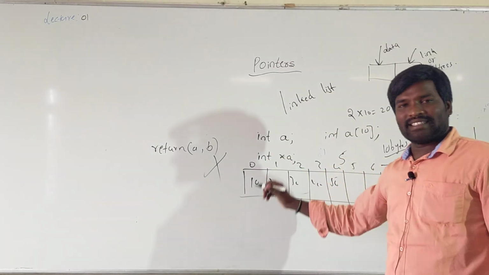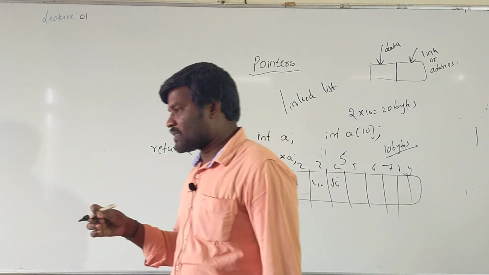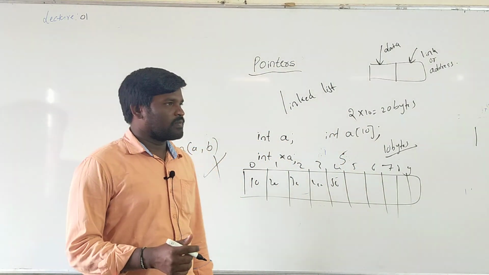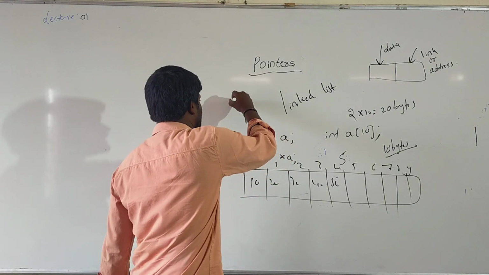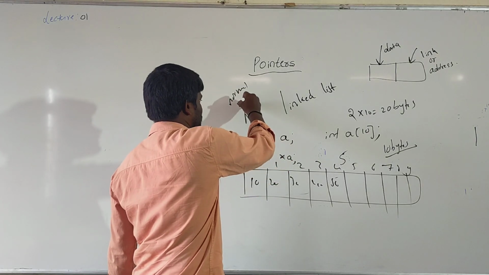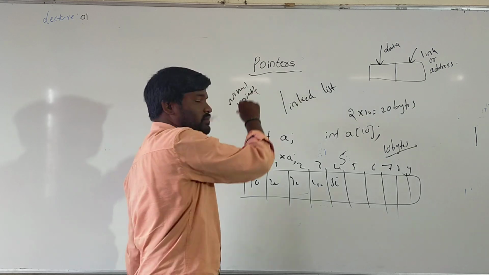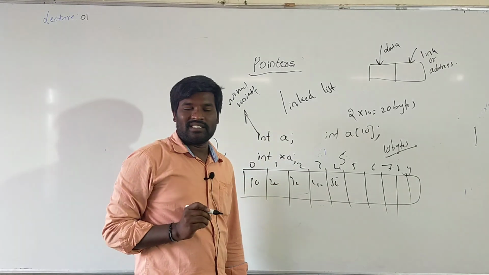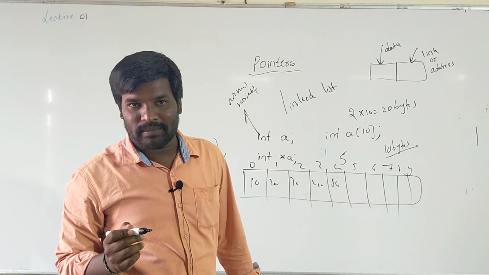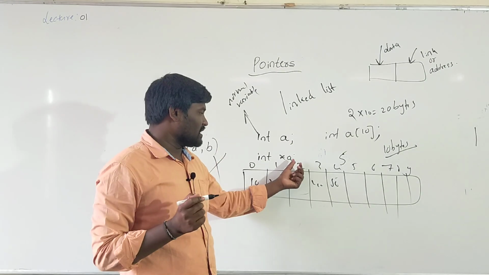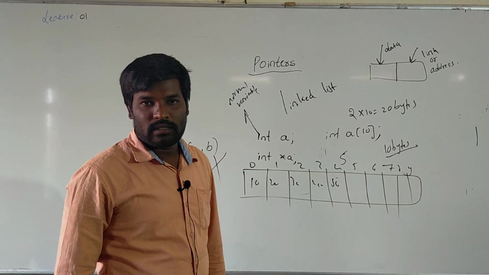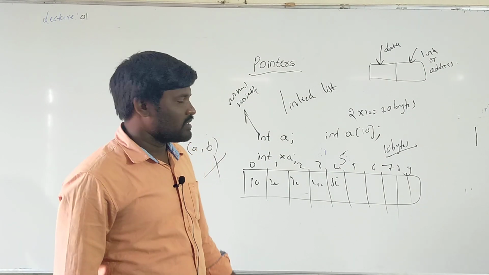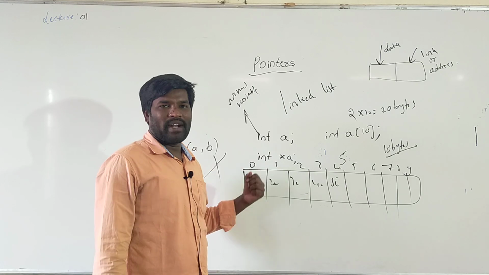I already said the difference between a normal variable and a pointer. If you declare int a, it is a normal variable. int *a is nothing but a pointer variable. In int *a, the variable must be prefixed with the star symbol. So this is the pointer.